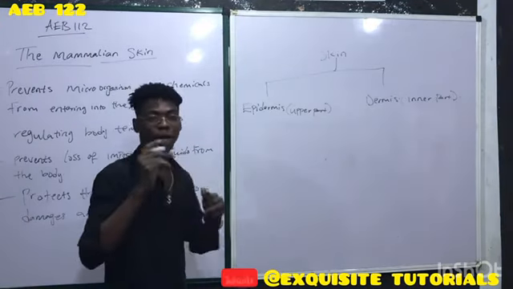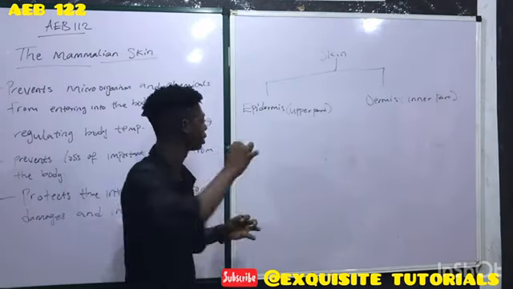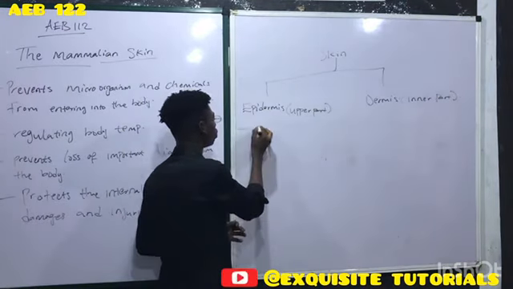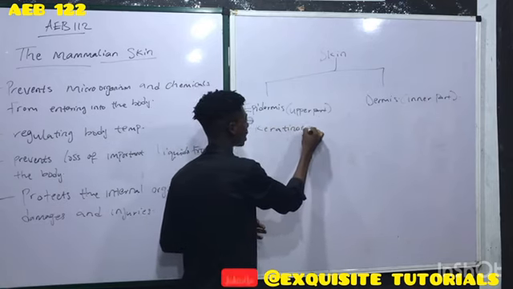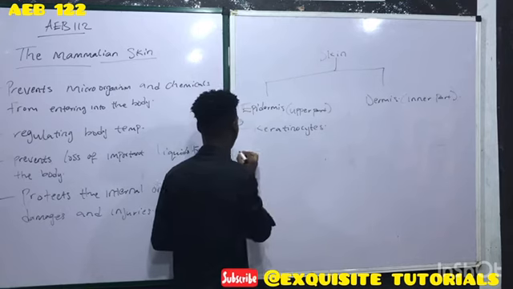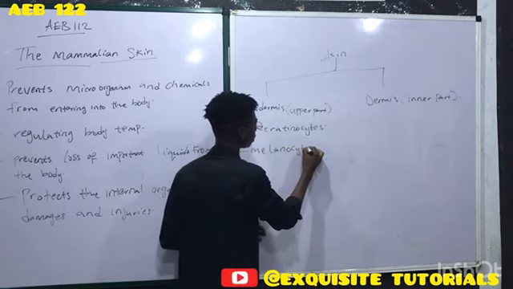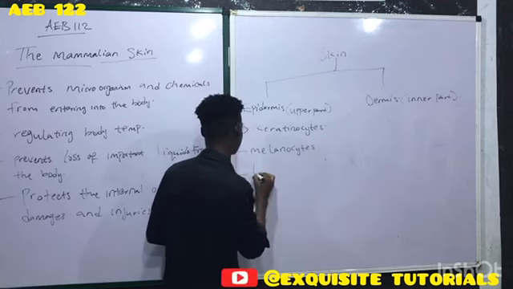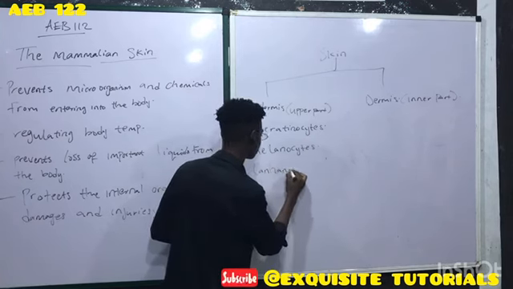Okay, now I want to explain the epidermis and the dermis before I get to the subcutaneous layer. There are some things that I would like to use to explain the epidermis. Firstly, we'll be talking about keratinocytes. Then we have melanocytes. Then we have Langerhans cells.